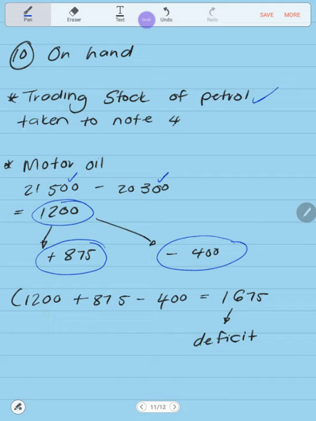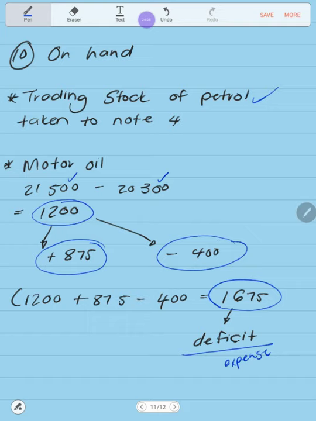So now I have 1,200, I'm adding the 875 and I'm subtracting 400. I get a deficit of 1,675. I cannot account for this. I don't know where it went to. That is why it is a deficit and it's an expense to the business.